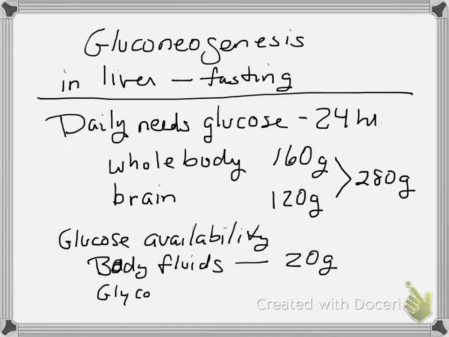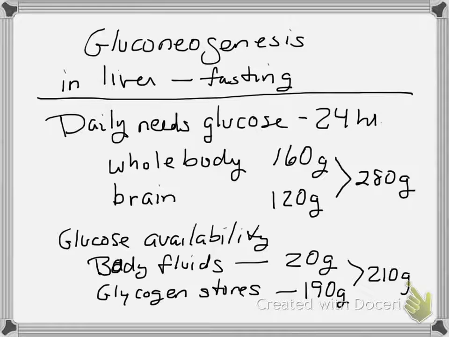Total glycogen stores, which are the main supply of glucose during a fasting state, account for 190 grams of glucose. If we add these up, we see in a 24-hour period we have approximately 210 grams of glucose availability.